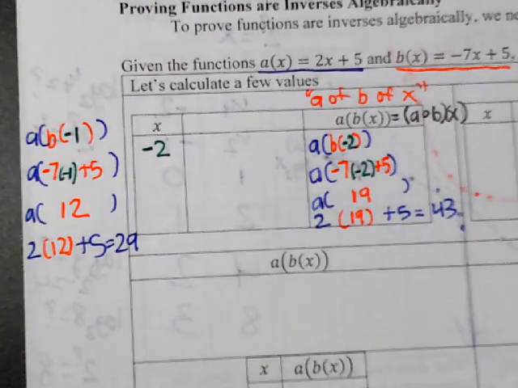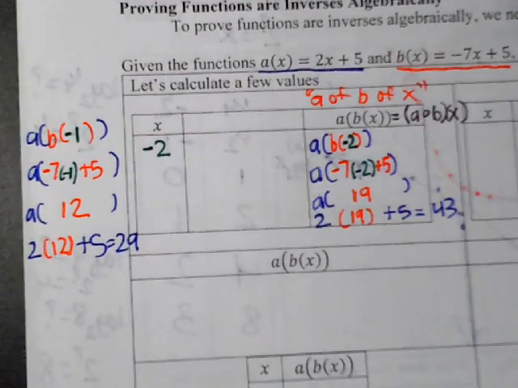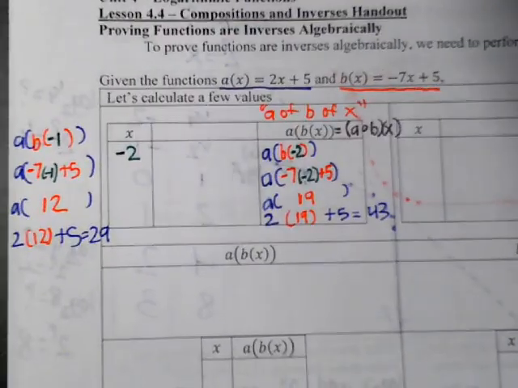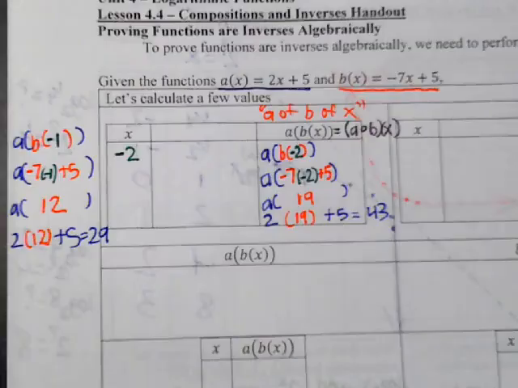All right. With that in mind, let's take a look to the right. Here we have B of A of x.